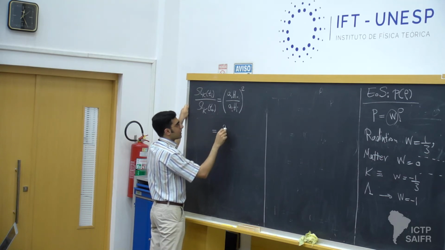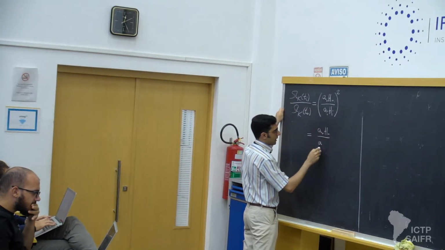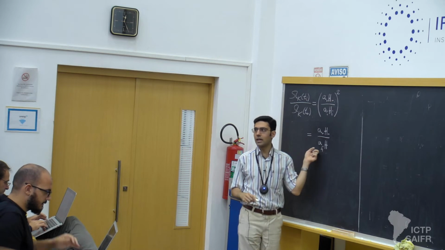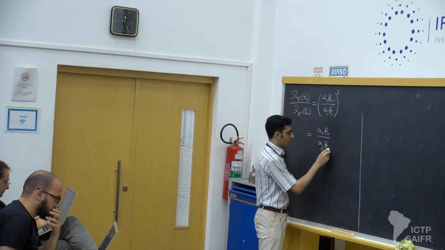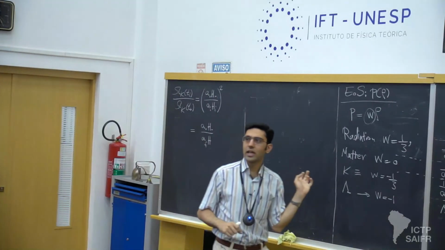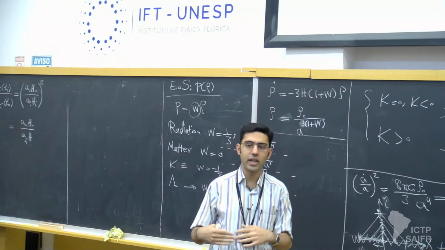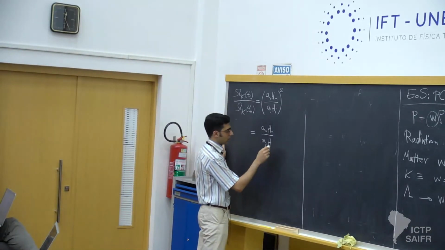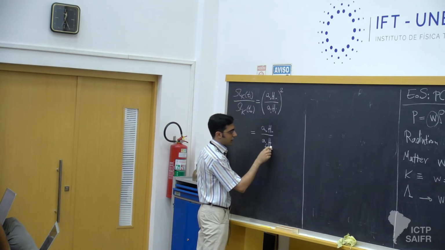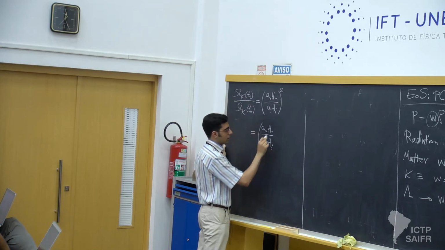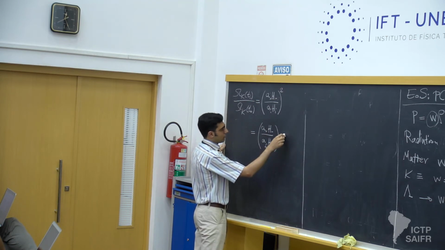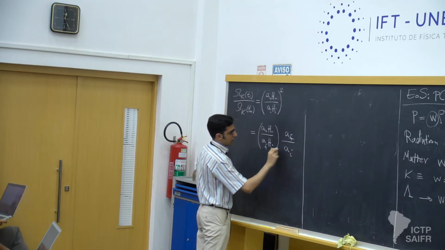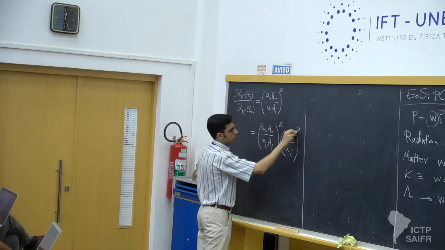I write it as (a0 H0) divided by (af Hf). So f, remember, was the end of inflation. But the expansion rate does not change much during inflation. So Hf and Hi are relatively close to each other. They don't differ much. So here I have Hf, but I replace it with Hi. And then the rest would be af divided by ai, squared.